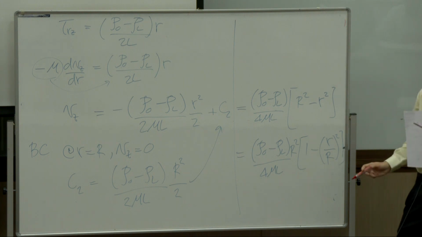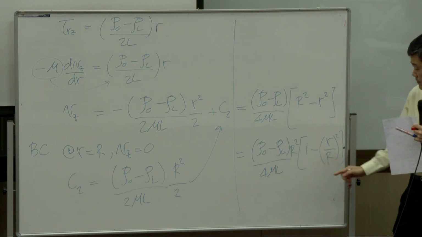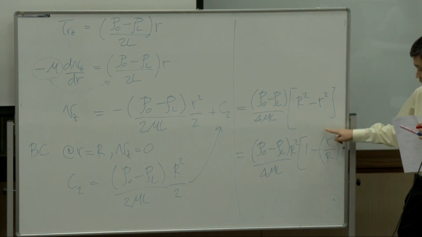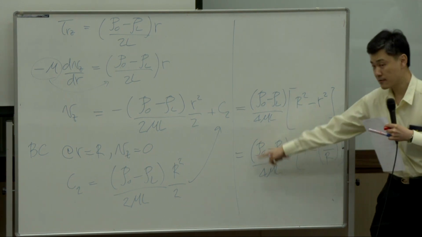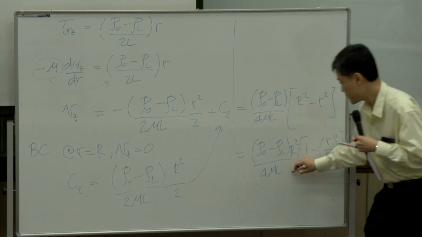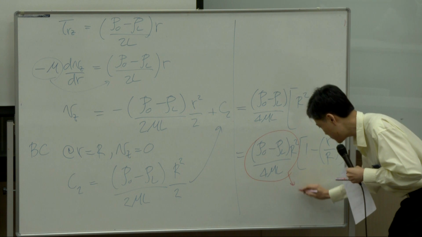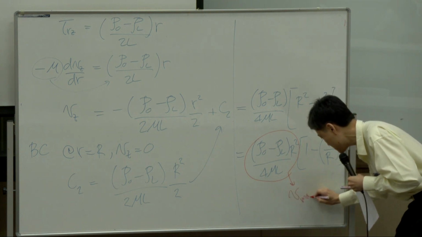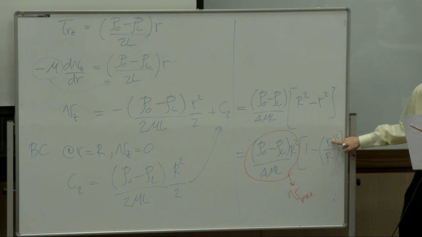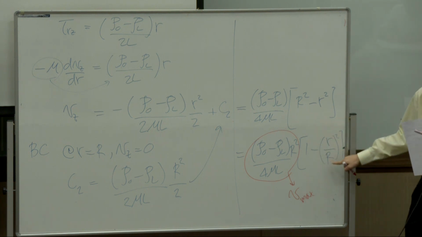And you will realize that if you check at r equal to 0, this term turns out to be 0. The rest should be maximum velocity. So the first term will be defined as V maximum. At r equal to capital R, this ratio turns out to be 1.